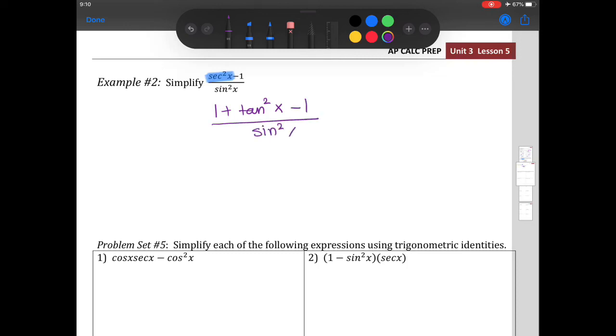Minus 1 over sine squared x. So now what do I know? The ones cancel out, right? What is tangent squared x? Isn't tangent the same thing as sine squared x over cosine squared x, all over sine squared x?